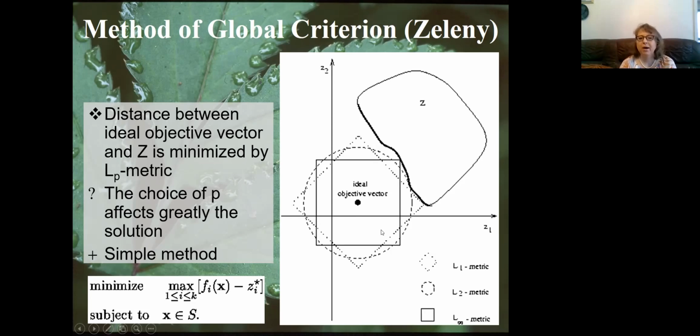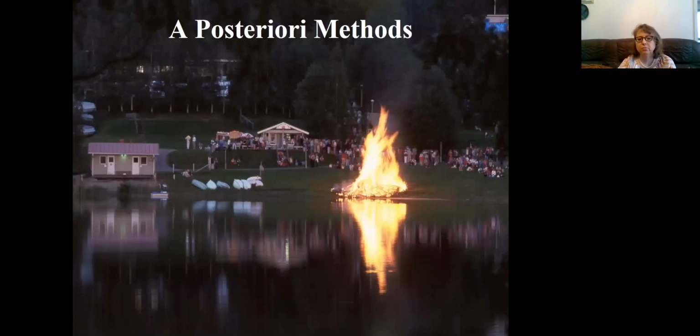So by the choice of the metric, in this case, we would get a very different solution. Alternatively, we can take, for example, the ideal and nadir points and take their average and project it to the Pareto optimal set. That's another way to get a solution without the involvement of the decision maker. But in this case, there's not much more one can do because additional information is not available.